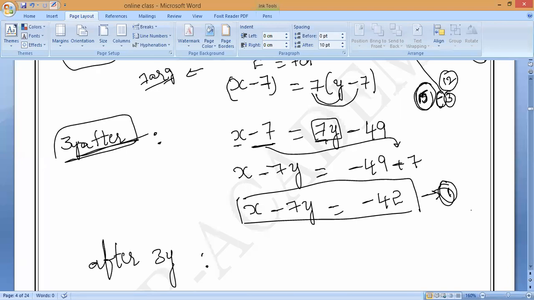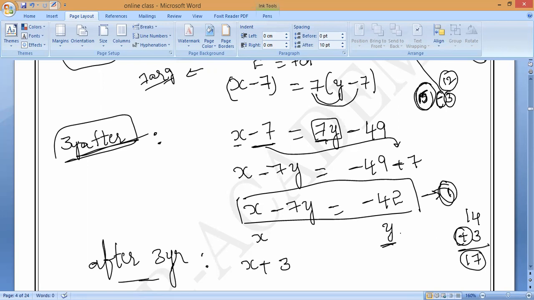Suppose your age is 14. After 3 years, what is your age? 17. Here we want to add, correct? Addition. So present age of father is x and present age of daughter is y. After 3 years, what is the age of father? x plus 3.